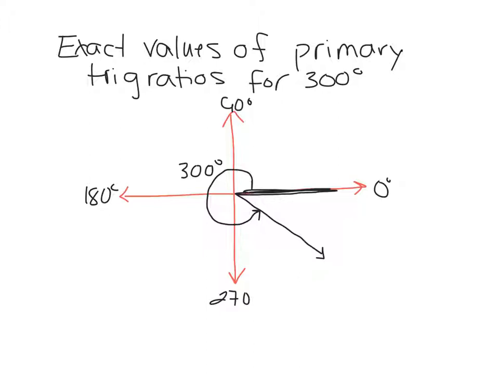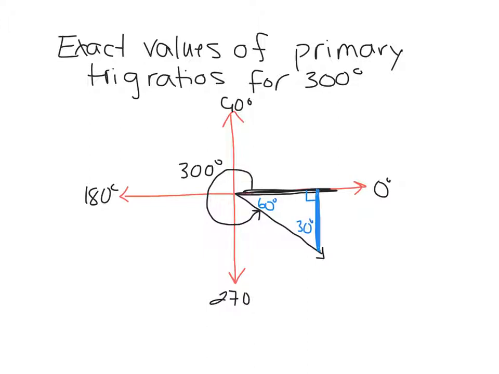And we're going to try to find the exact values. So we always attach our terminal arm to the x-axis, to make a 90-degree triangle. This angle inside of our triangle is our related angle, and that's going to be 60 degrees, since all the way around is 360, which makes this angle up here 30.